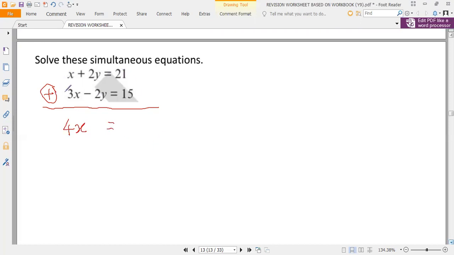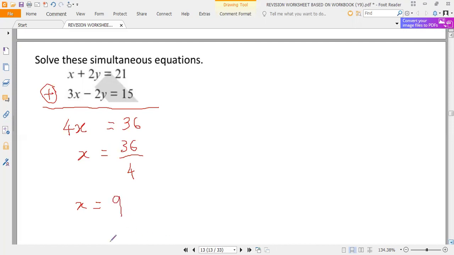Equal to 21 plus 15. That is 36. So 4x equals 36 divided by 4. So x is 9.